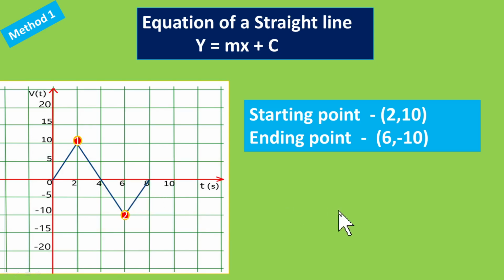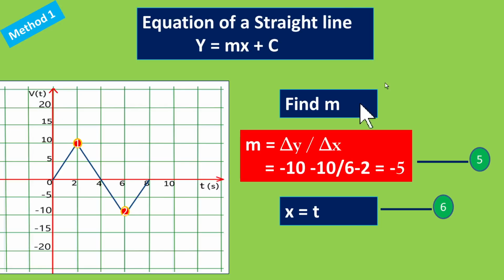Now let's start writing the equation for the second segment. So we need to find out m. So m value is del y divided by del x. So you can take these 2 points. Change in y is from this 10 to this minus 10, right? So when you calculate this del y, this y2 point is taken first, so it is minus 10 minus this y1 point, that is this 10.